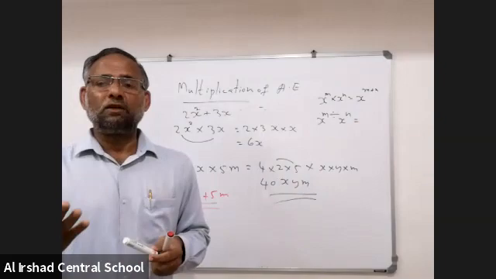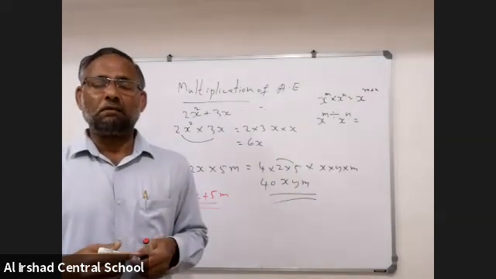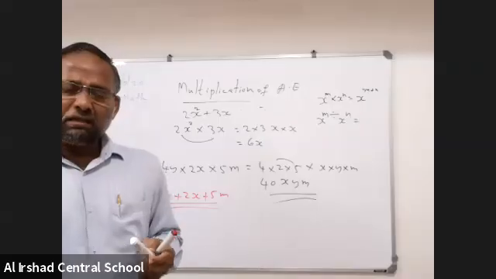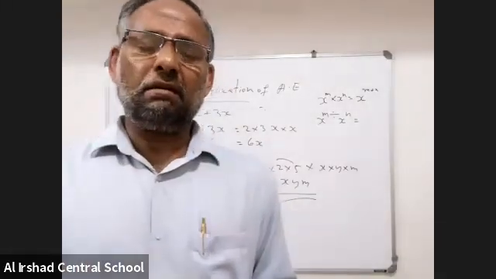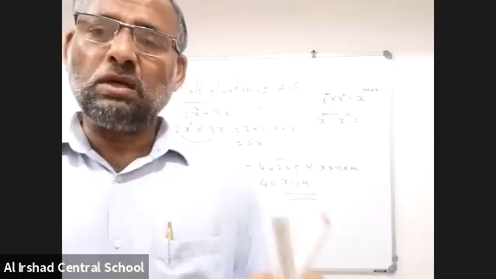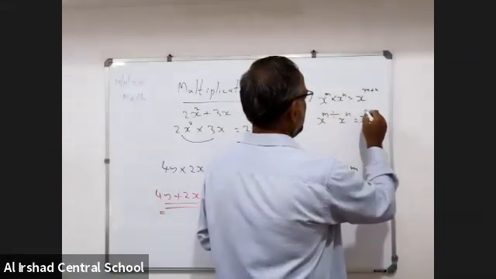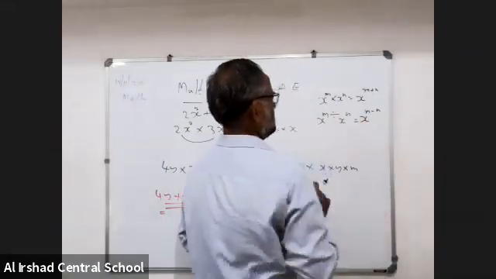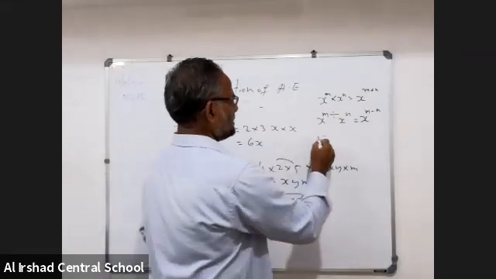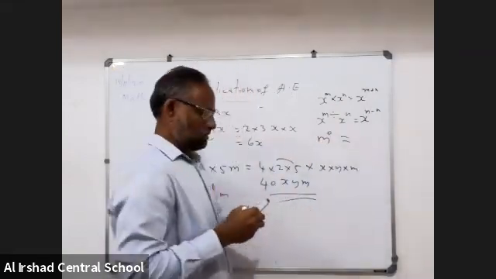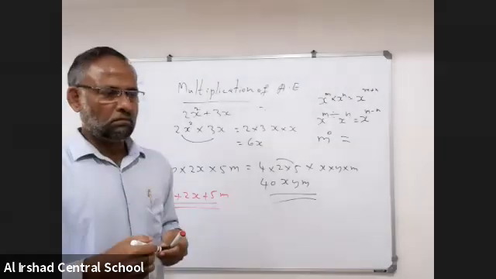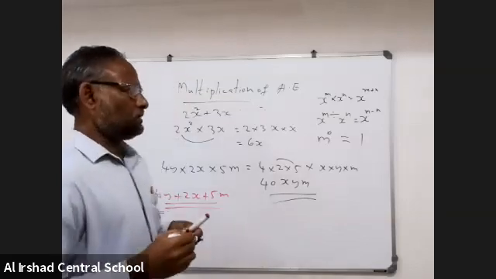Yes, you are correct. x to the power of m minus n. That is it. Now tell me what is x to the power of 0. How much? 1. Any number to the power of 0 is 1.